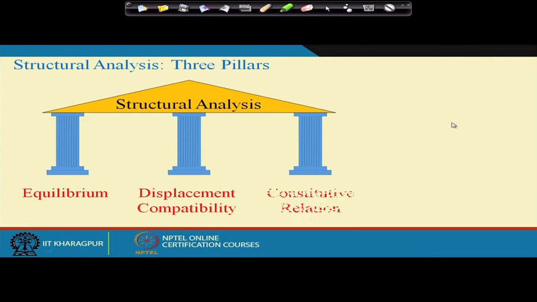And then finally, we have the constitutive relation, which tells you how the forces are related to displacement, or stresses are related to strain. So, if we have the forces, we substitute those forces in the force displacement relation and get the displacement.